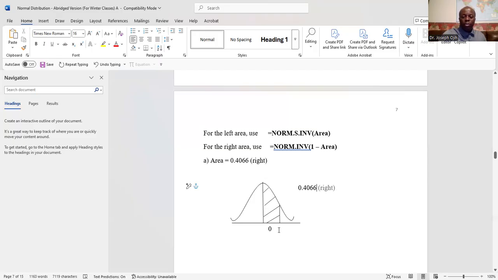That's why you put it on the right. You're looking for this Z value here, on the right.